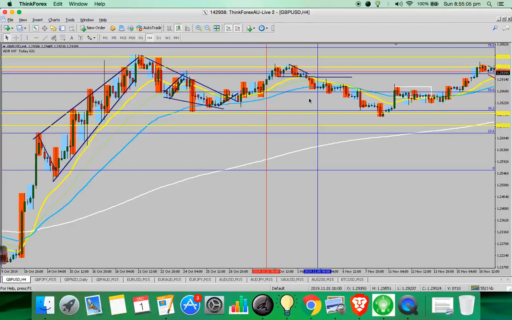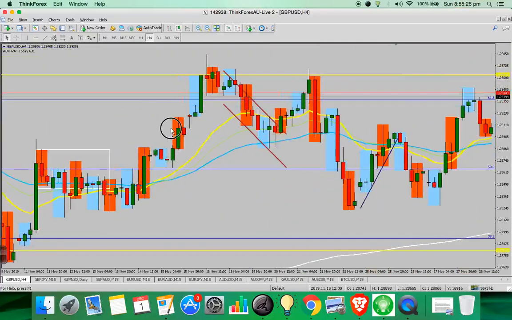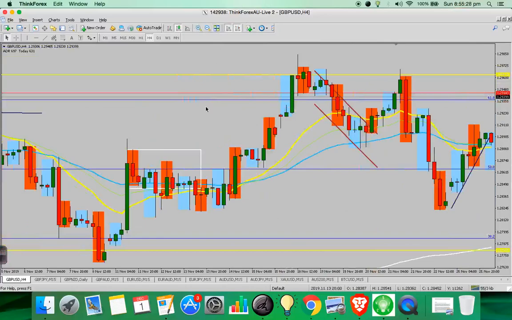This whole area here is still within the inside structure of all of this. So usually we'd say when something is within an inside structure, we want it to break out of there, right? So break out of above here or break out of below here, and then give us some indication where the hell this is going.